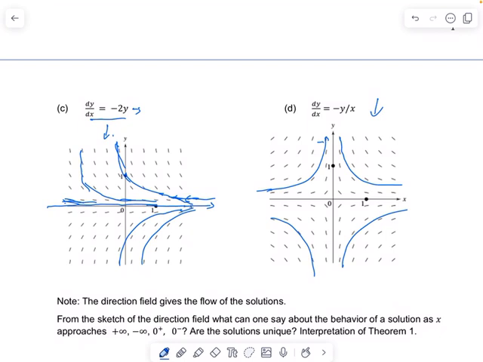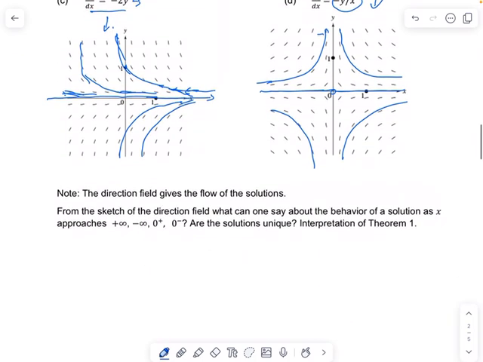But if y is 0 and x can be anything, then we will get the horizontal line, because y being 0 makes this quantity 0 if x is not 0. But what happens at (0, 0)? Well, there will be nothing, so we might be skipping the 0, and that will be our solution.